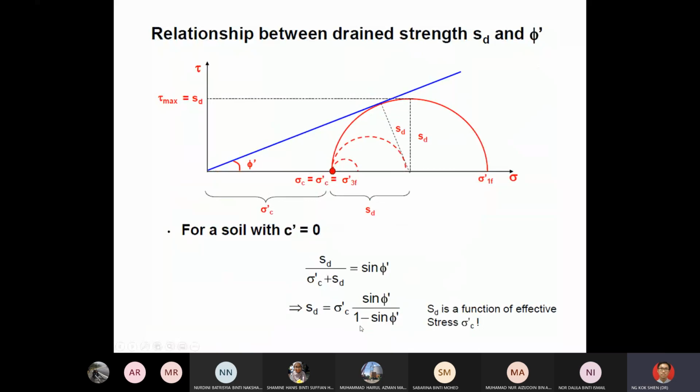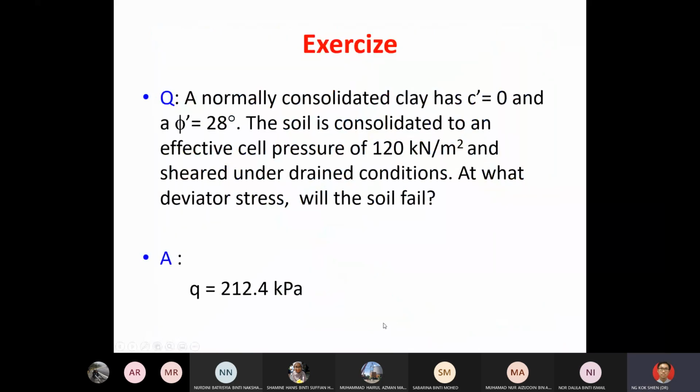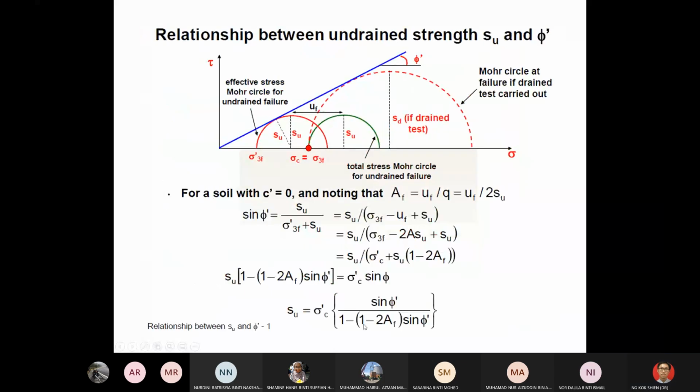Okay, before that is only 1 minus sine phi for the drained strength. For the undrained strength, you have an additional component here, which is 1 minus 2A. So this A parameter actually affects the undrained strength. And always remember that the drained strength is always higher than undrained strength.